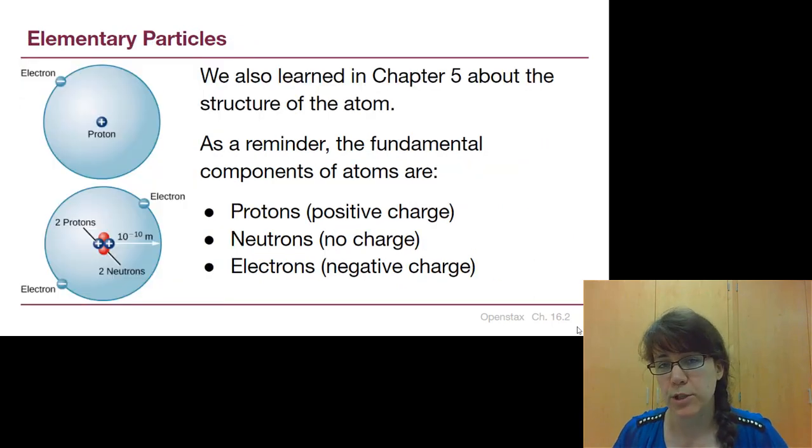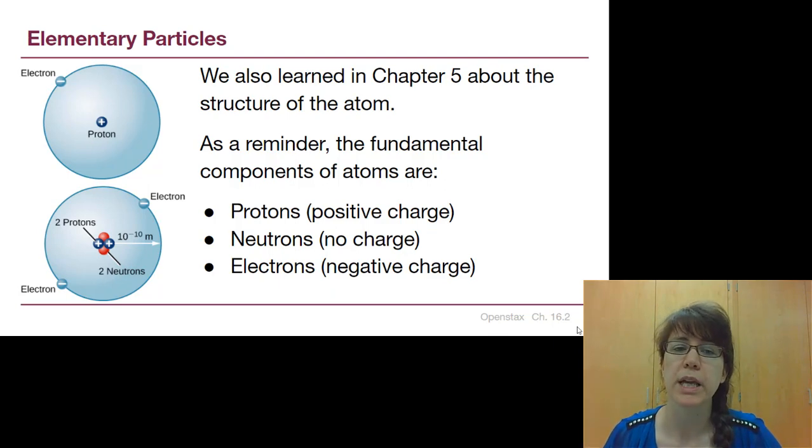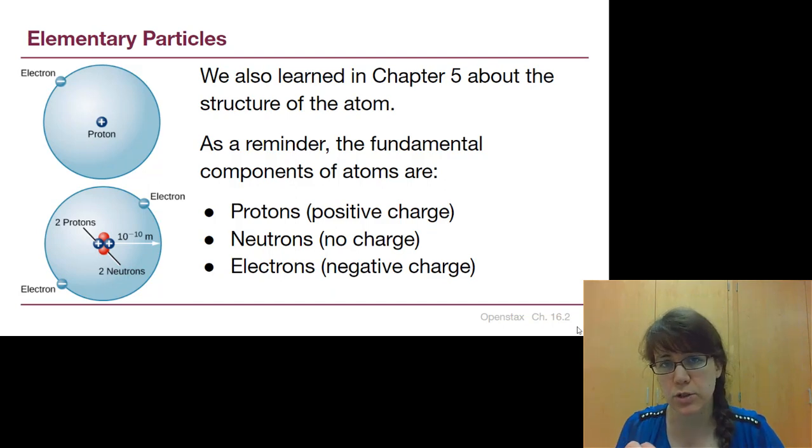The other thing that we need to remember from chapter 5, and we can either use this as our brief reminder or go back to those videos even, is the atom has a particular structure. It's got an internal nucleus and electrons that orbit around that nucleus, or at least exist around that nucleus in the electron cloud.